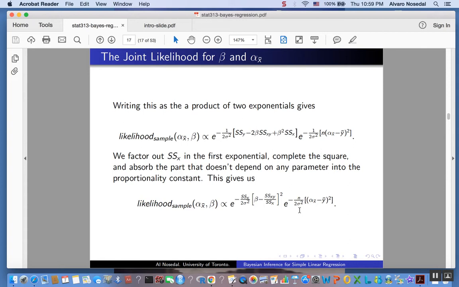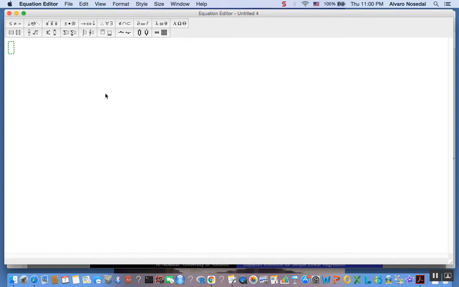Okay, so let's do the math here, the details, and then we are going to see that it was really important to be able to express the likelihood for alpha x bar and beta as the product of two independent likelihoods, because that is going to allow us to consider two independent priors, and then the posterior will be the product of two independent posteriors. Okay, so here we go. Let's talk about the details.